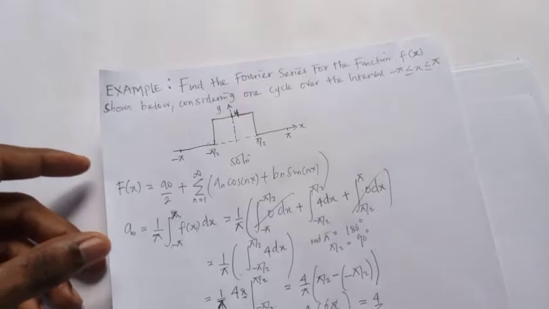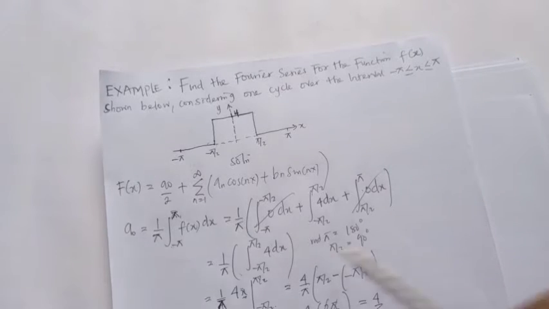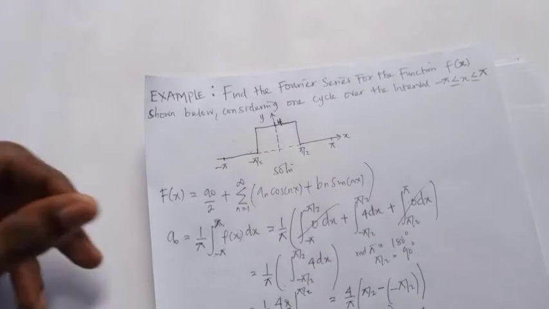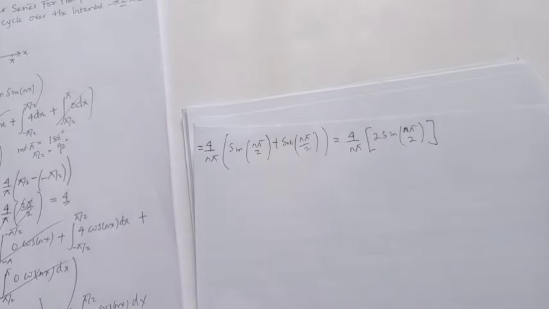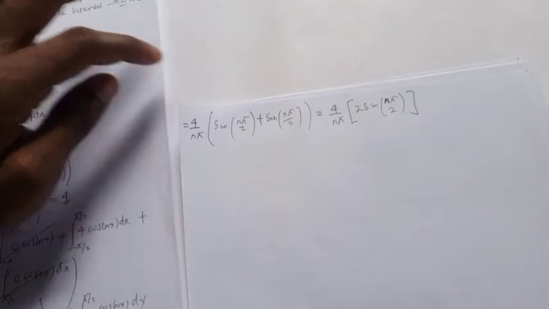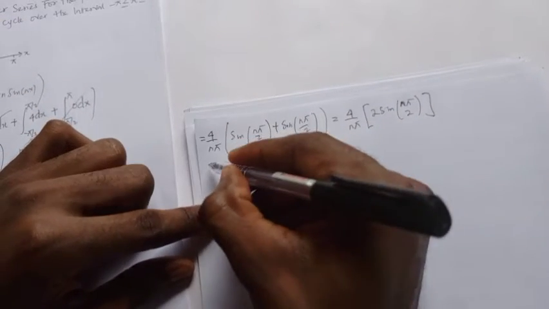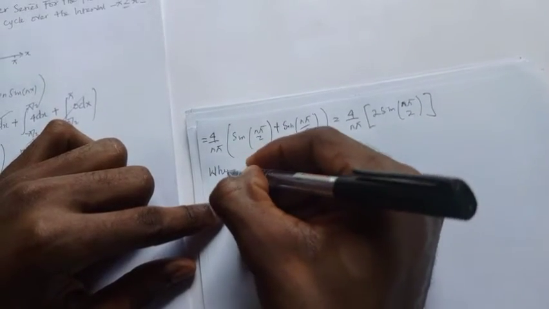So let's test for these numbers and see how the sine function can be represented in the Fourier series. Let's test for when n is equal to 1.